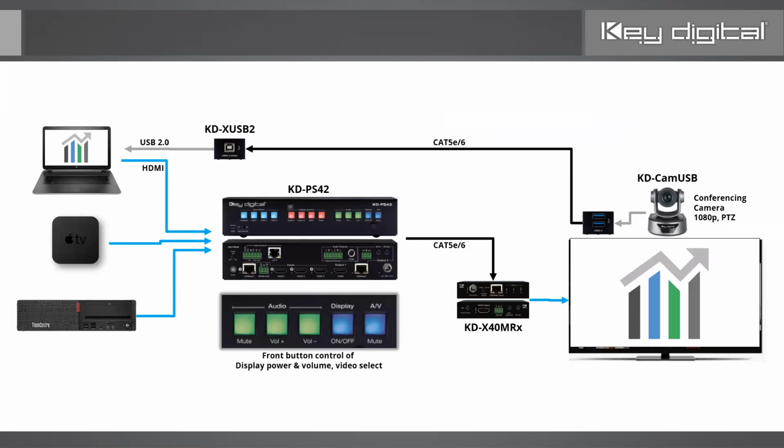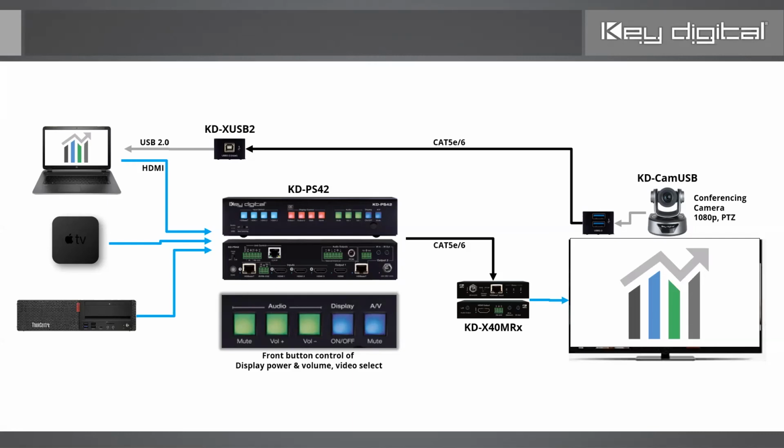Our PS42 gives us the ability to run our sources in, for example, laptop, Apple TV, or a PC, as selectable sources. Running out, having our camera control here over our USB 2, and then coming out of that PS42 into one of our 40 MRXs that is going to allow us to extend out.